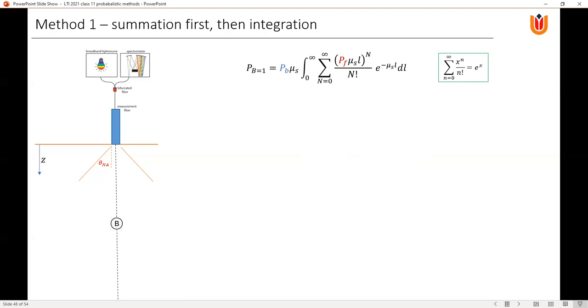So we can refactor that sum into an exponential form like this. That would become exponential of mu s times pf times l, and then the other exponential term. We can then group these 2 exponential terms together, with a little bit of manipulation for the minus sign there.